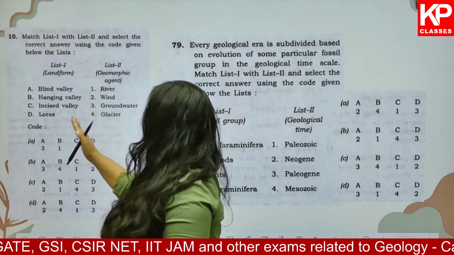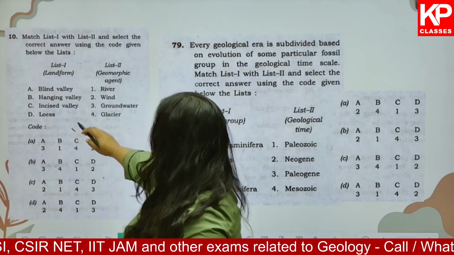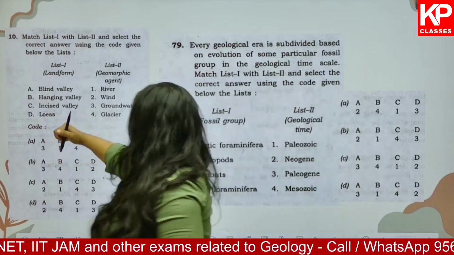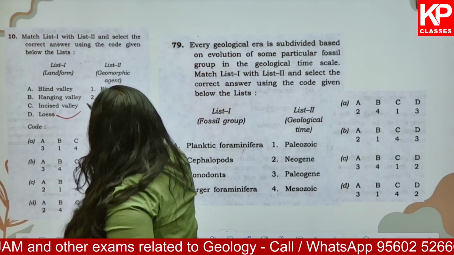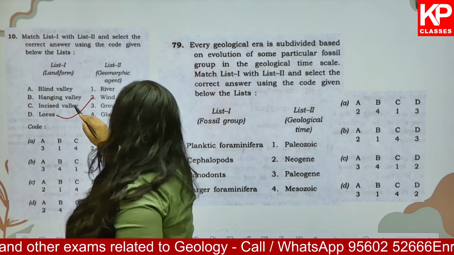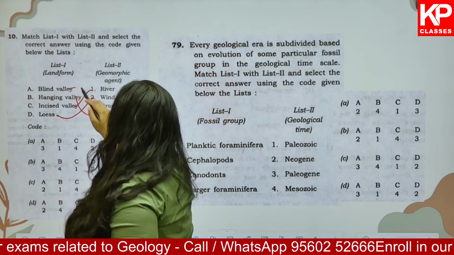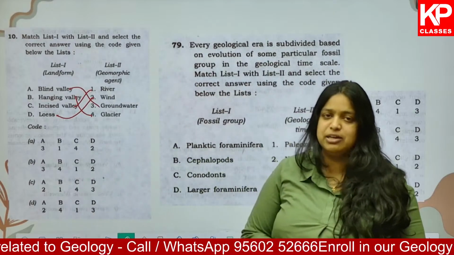They have given the options: blind valley, hanging valley, incised valley, loess. These are very easy terms to remember. First of all, we know loess is defined by wind, incised valley is of river, hanging valley is glacier, and blind valley is groundwater. Blind valley is associated with karst topography.